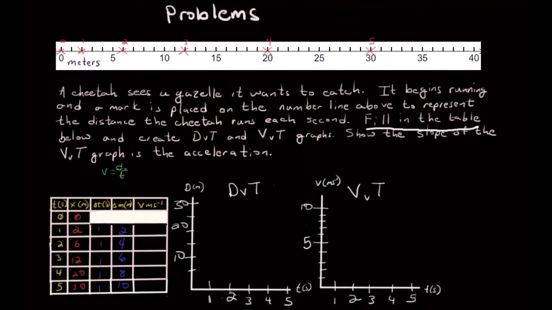But distance over time, remember, the delta change in distance over change in time, and that's what we have, delta time, delta distance. So 2 divided by 1 is 2, 4 divided by 1 is 4, so you can see how this is going. All right, so here is the change in the cheetah's velocity over time.